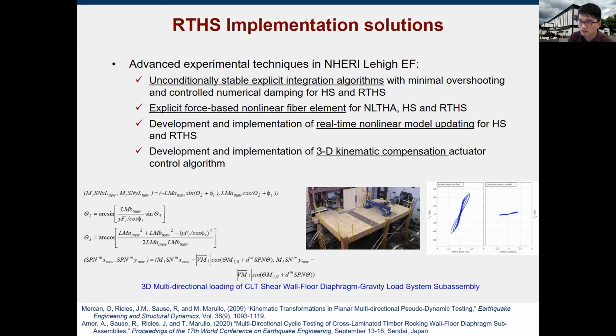So there's a nonlinear kinematic relationship between the actuator's motions and the control nodes. Therefore, to compensate for the nonlinearities, we developed this 3D kinematic compensation algorithm. You can find this algorithm in these two publications.